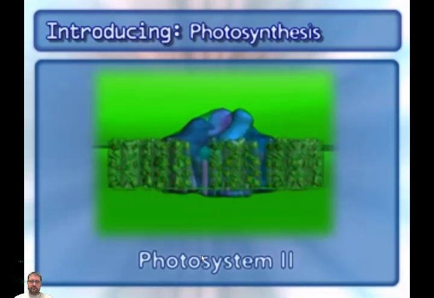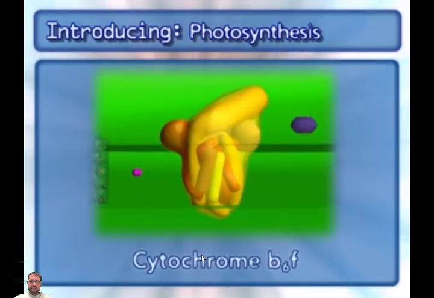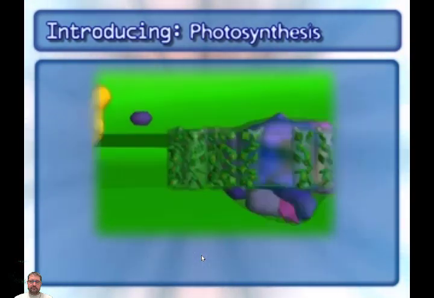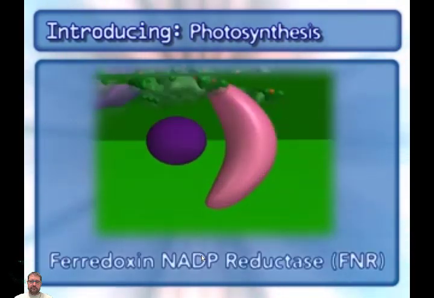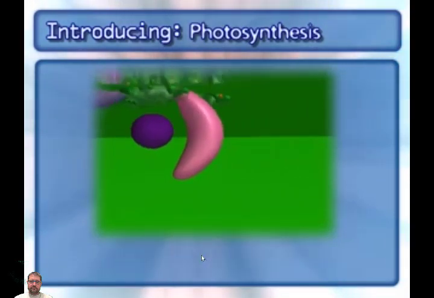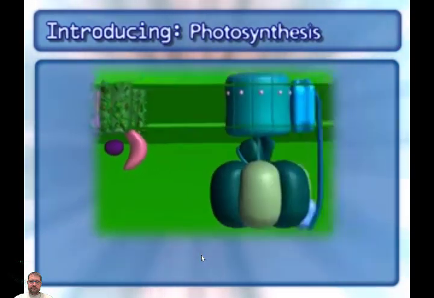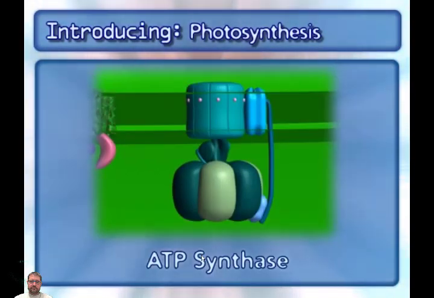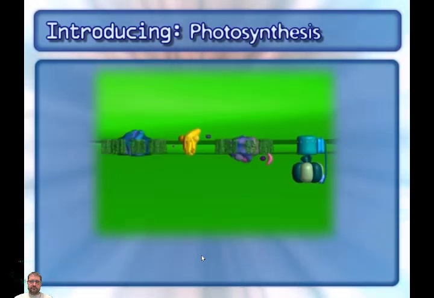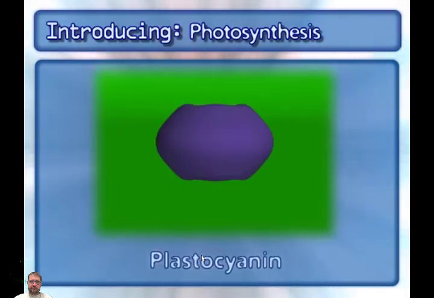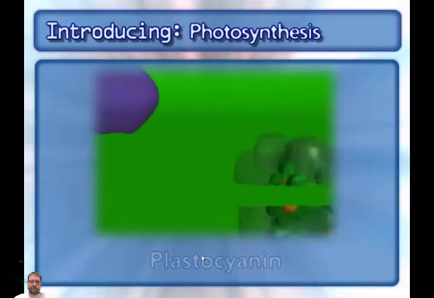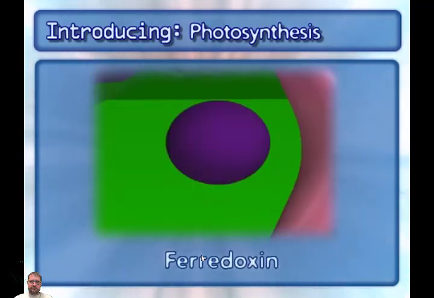Photosystem II, cytochrome b6f, photosystem I, ferredoxin NADP reductase, and the complex that makes ATP, ATP synthase. In addition to the complexes, 3 mobile carriers are also involved: plastoquinone QB, plastocyanin, and ferredoxin.